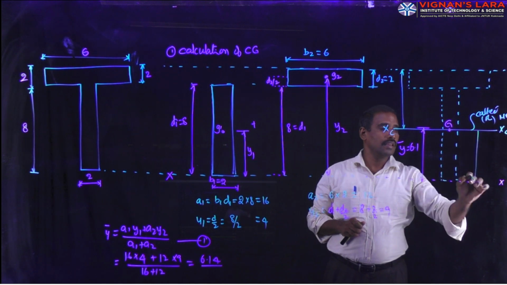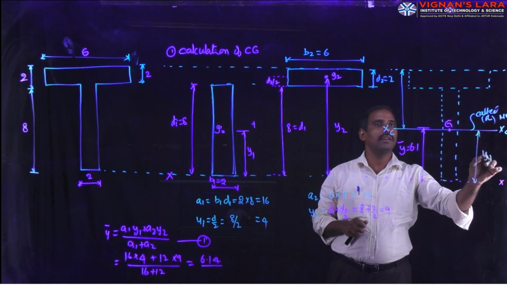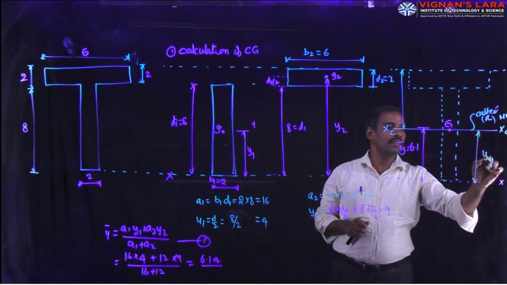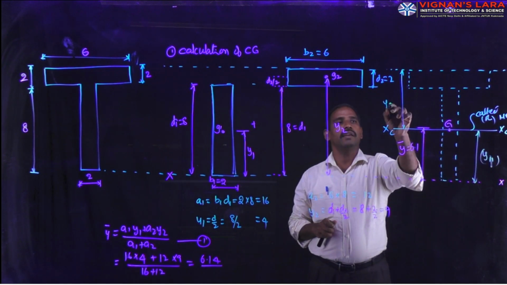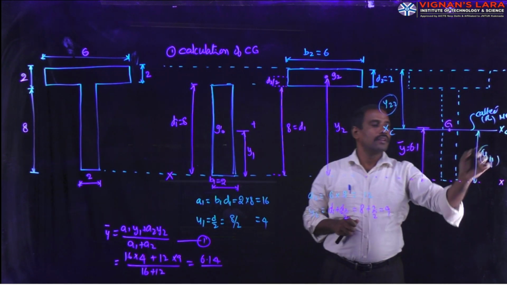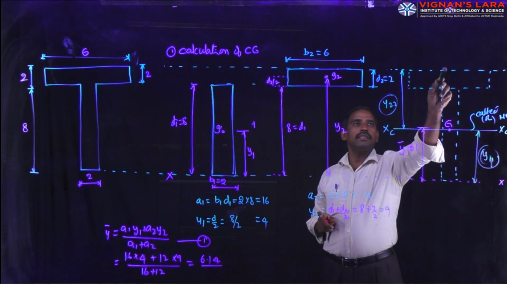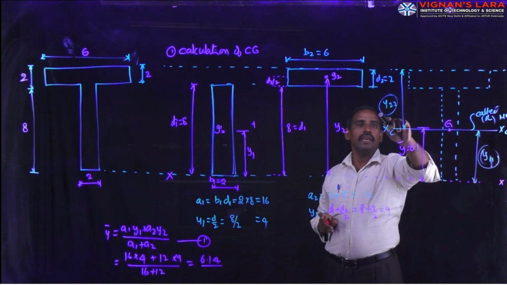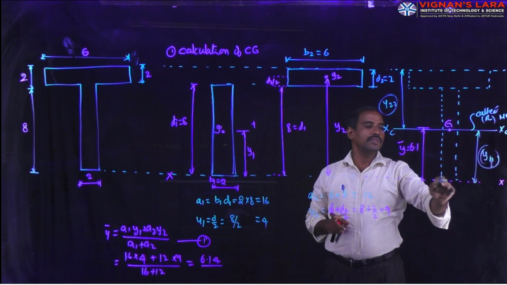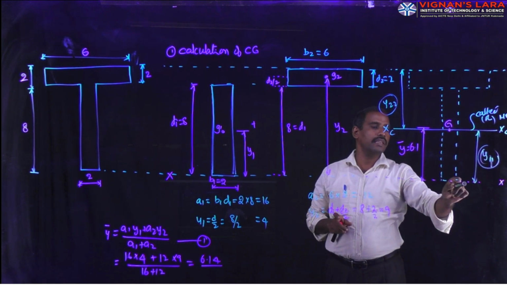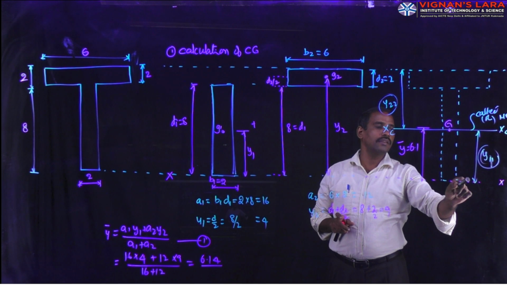These are the extreme fibers. Say this is y1, and this is called y2. So if you want to calculate the bending stress about this top edge, you have to take y2. If you want to calculate the bending stress here, this is y1.